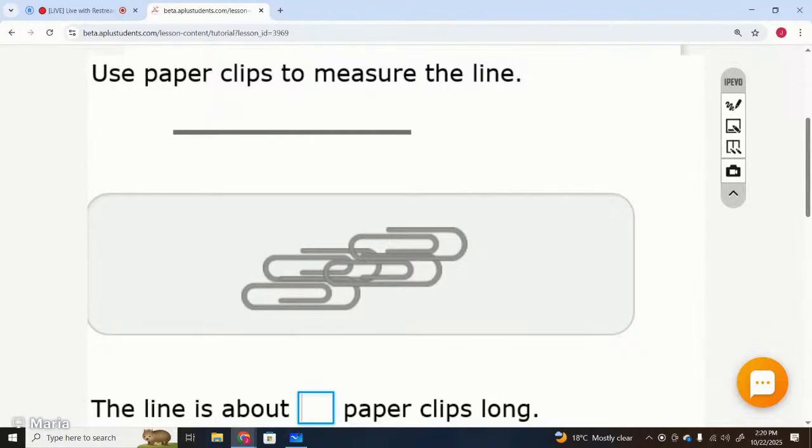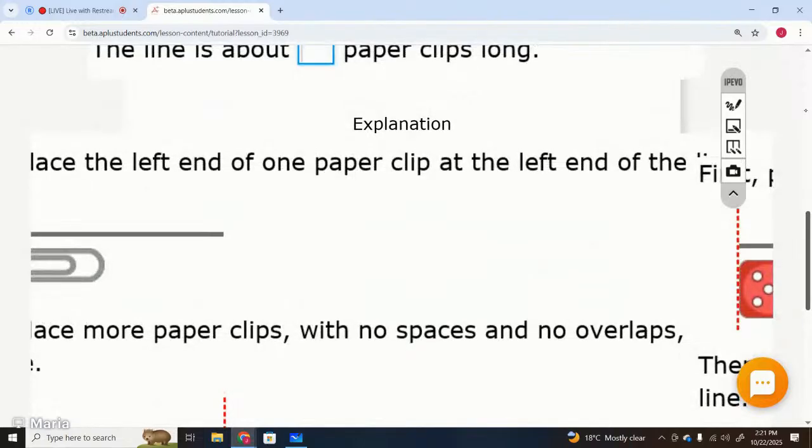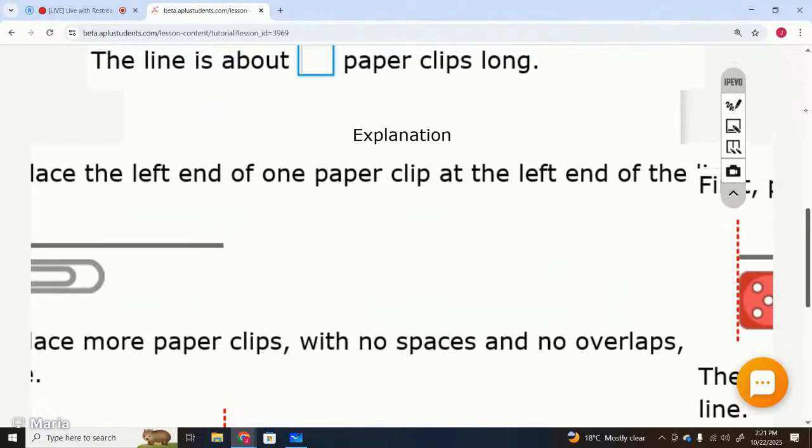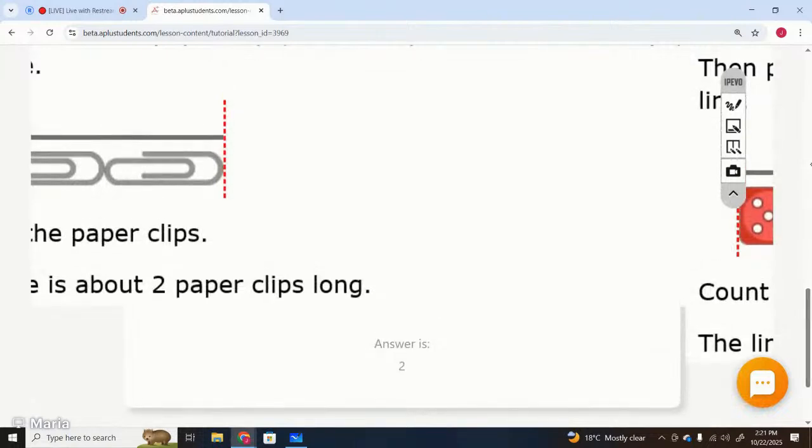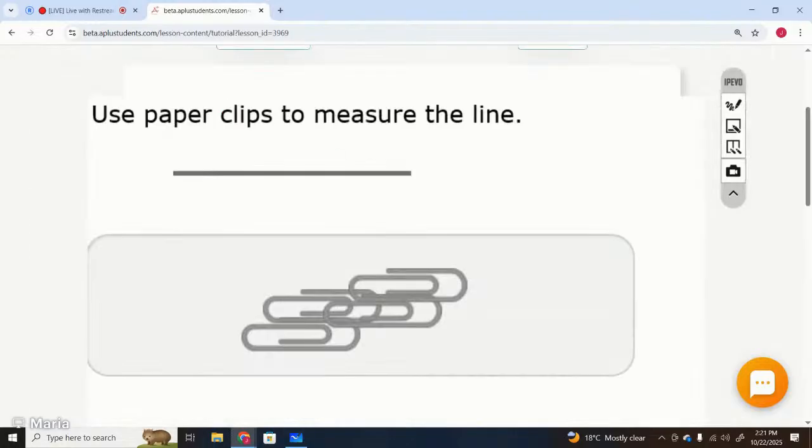Let's just arrange them one to one. So you need to keep the paper clips from the left end to the right end. So there would be two paper clips. The correct option is two paper clips long.